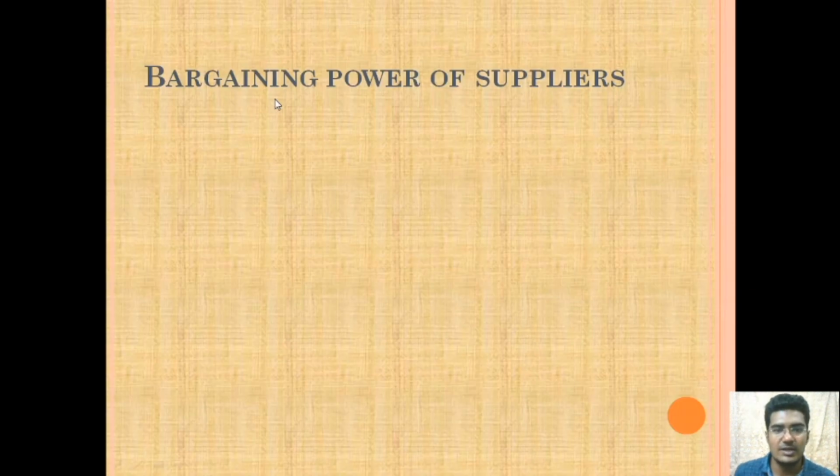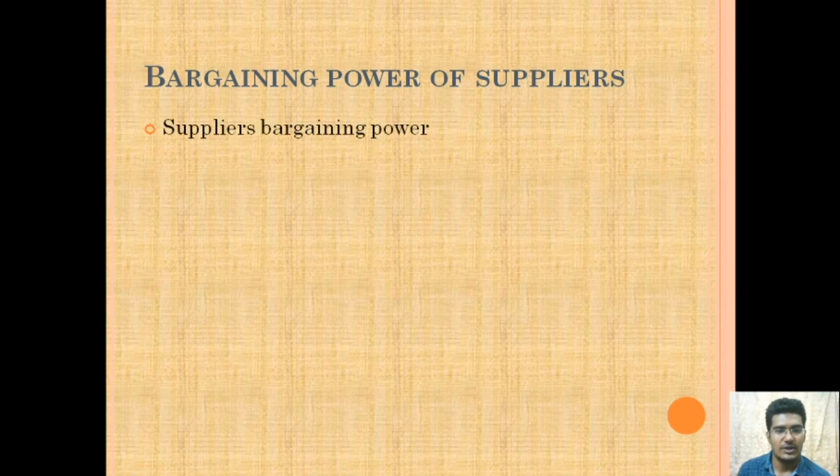And now coming to the next force by Porter, bargaining power of suppliers. The first point is suppliers' bargaining power. For example, a company is manufacturing a product and that product requires raw materials that are bought from very few suppliers, for example one or two suppliers.